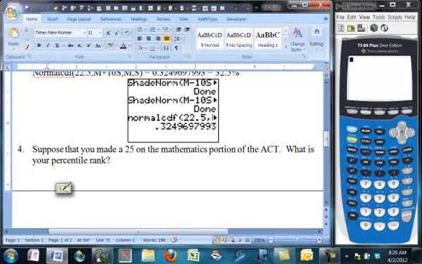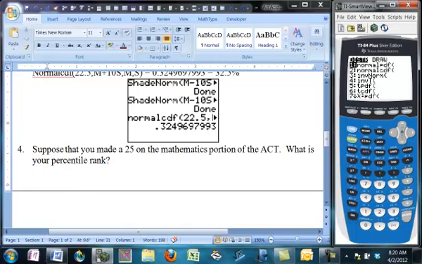So we're going to do the same thing here again. We can do normal CDF, and we put the 25 in, and we want to find the probability that it's less than 25.